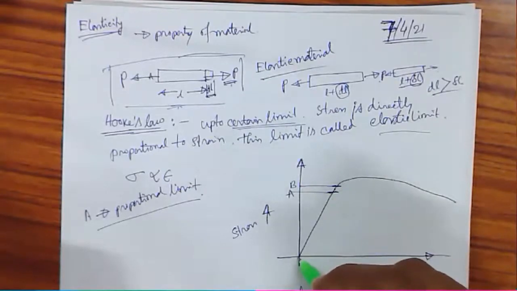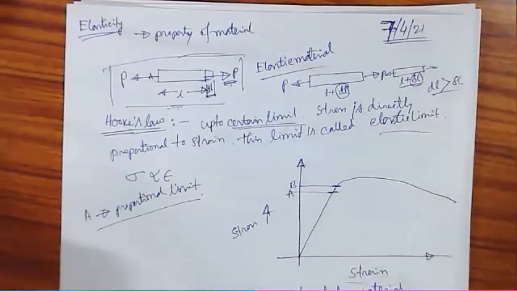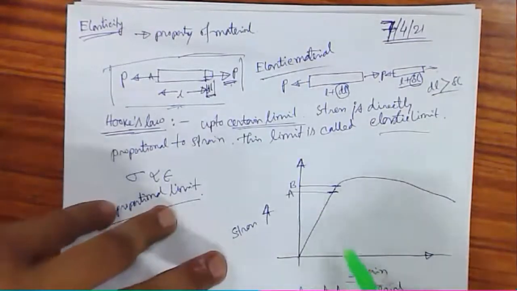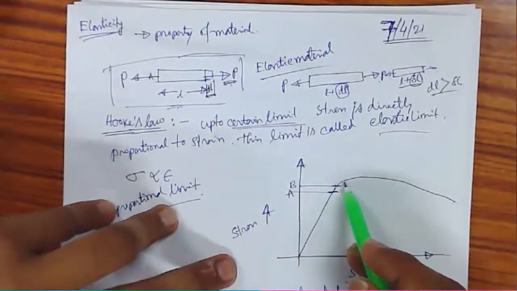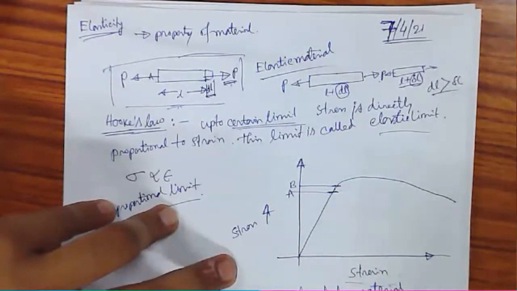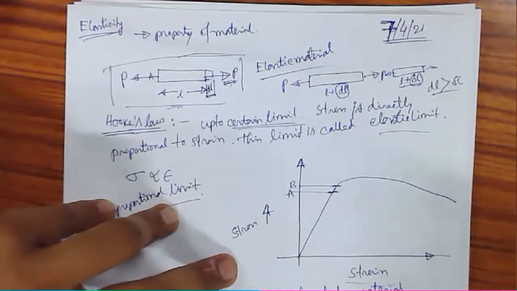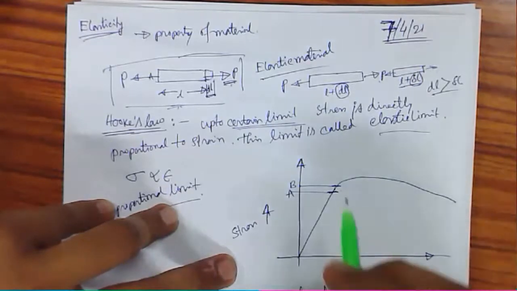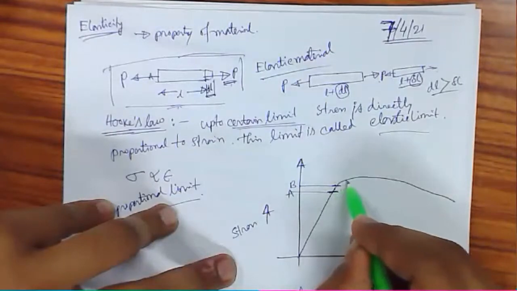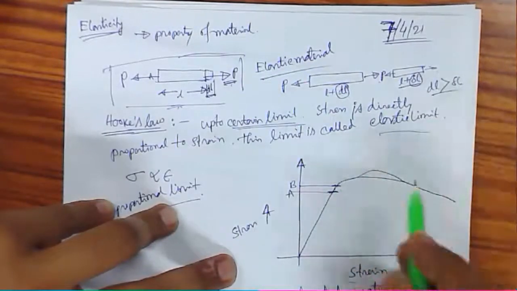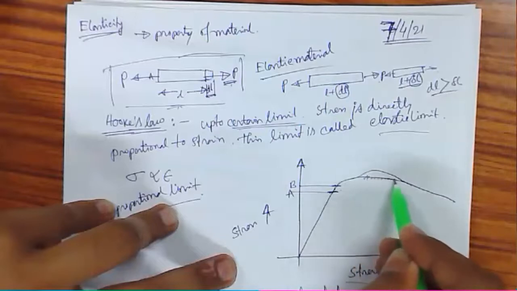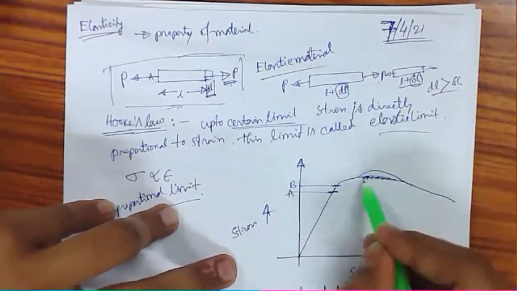That means it will again go back to its original shape and size. But if we load this object above B, then we cannot go back to the original shape and size. There will be permanent deformation. Now this will be a little like this, a little higher.